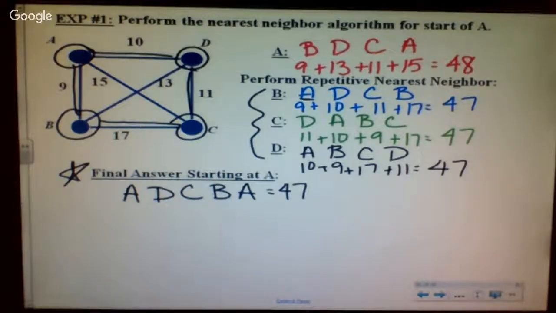You must rewrite it to start where they're telling you to. Or I could rewrite this one starting at A. A, B, C, D, and back to A.